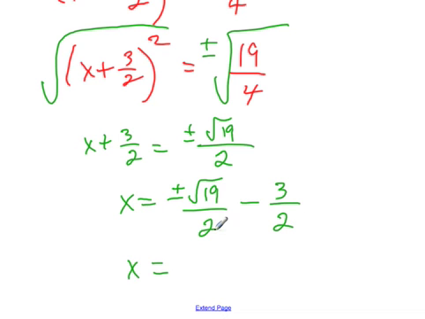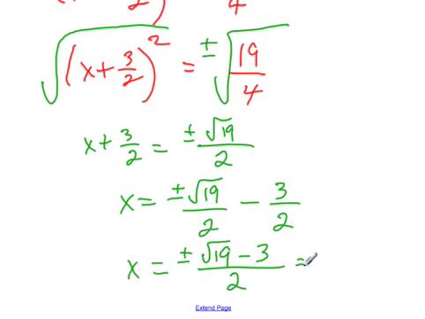And finally, since they have a common denominator, I can add the top numbers, or subtract them in this case, all over 2. Just write it with one denominator. Notice I didn't write two answers here, but I do still have two answers. I have a plus or minus the square root of 19 minus 3 over 2. So there still are two answers here.